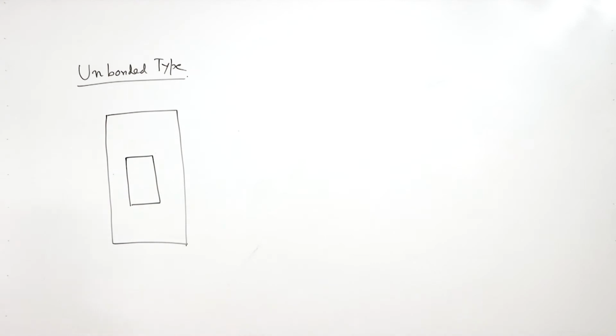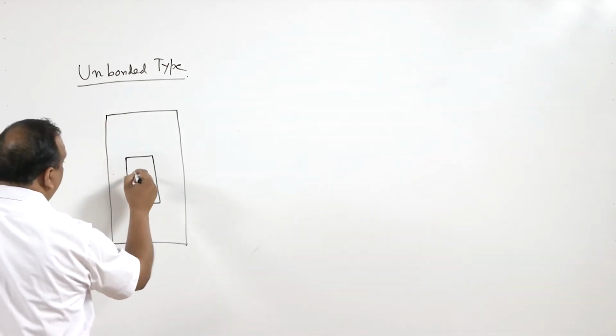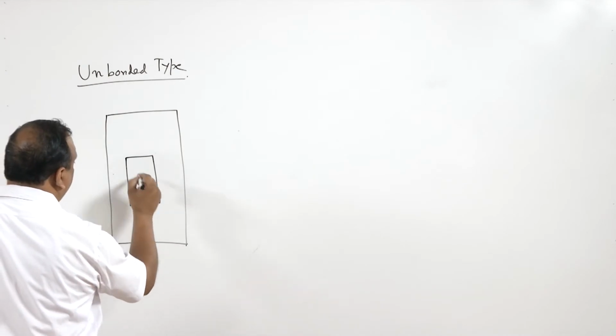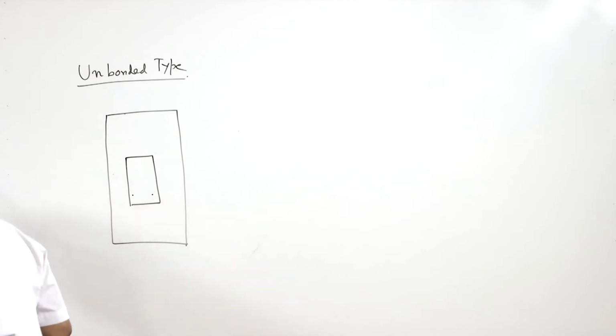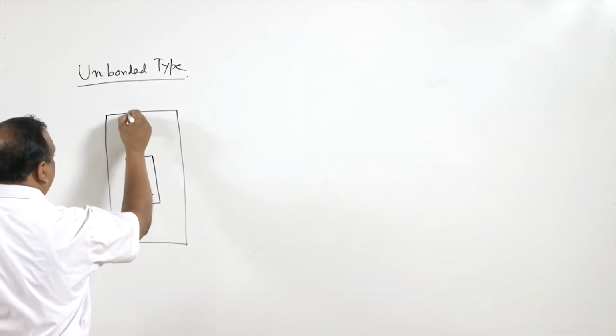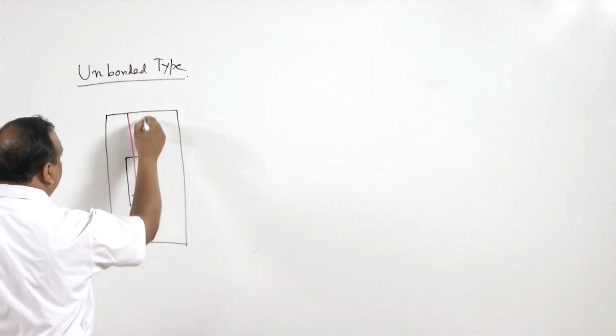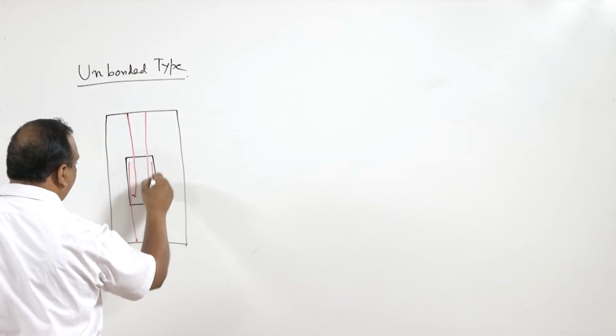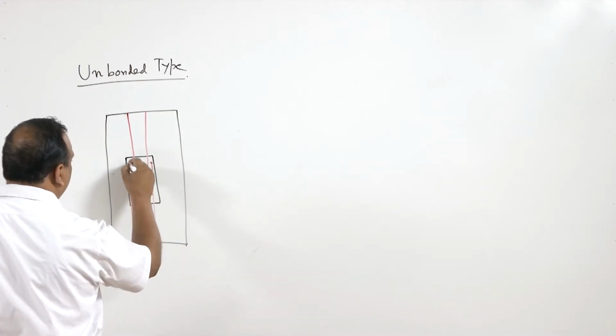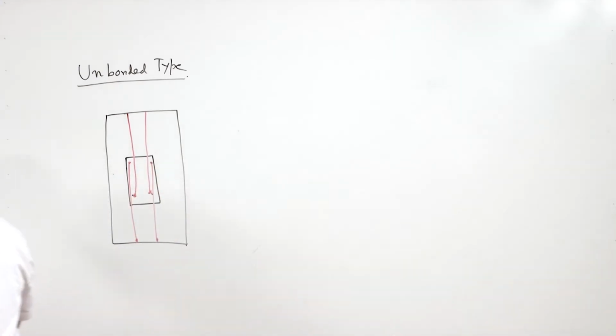One frame is fixed, another is moving, and on this moving frame strain gauges are fixed, or these wires connect the moving frame with the fixed frame. There are 4 wires, and all the wires are pre-stressed wires.